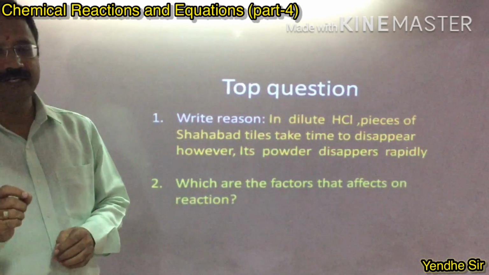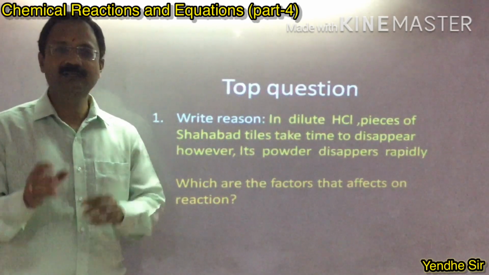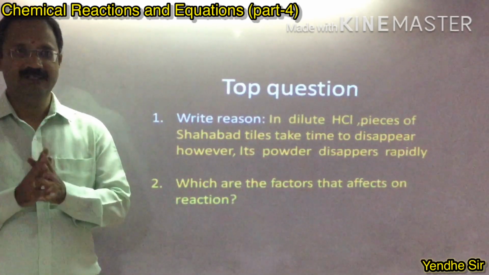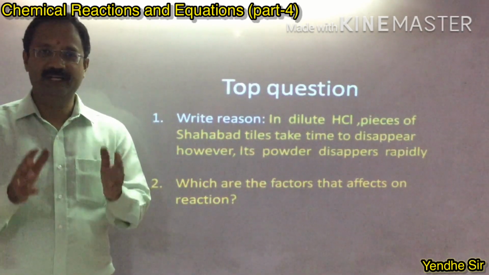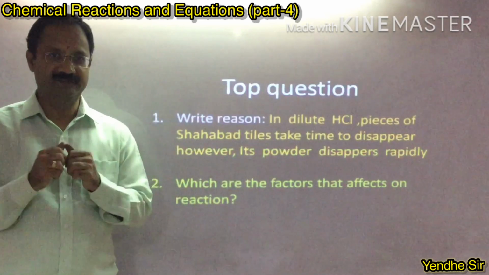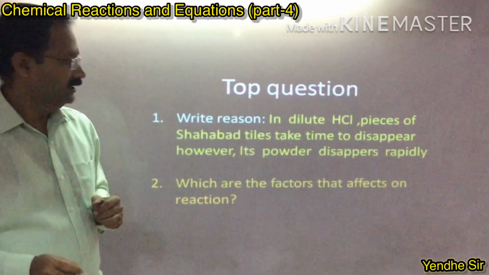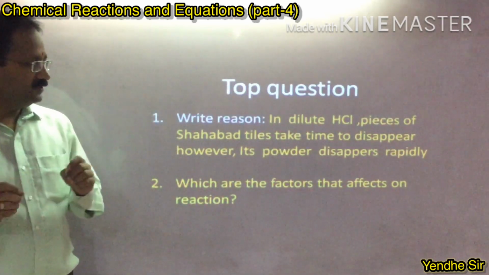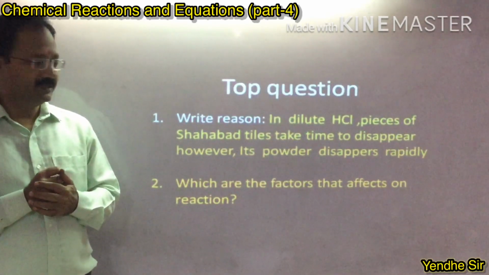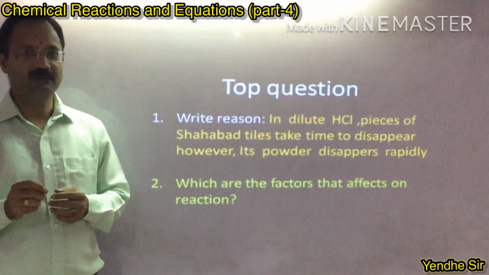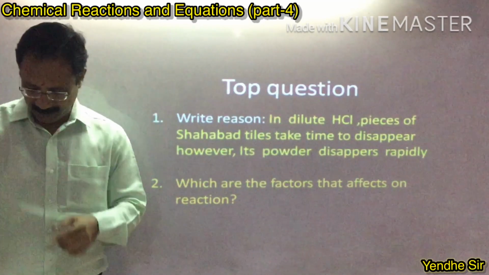The rate of chemical reaction depends upon the size of the particle. Second point, if the particles are smaller, the rate of reaction is increased. That's why the pieces of Shahabad stone take time to disappear. However, its powder disappears rapidly.